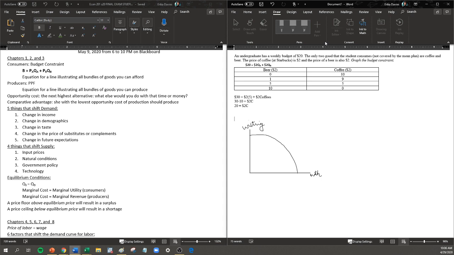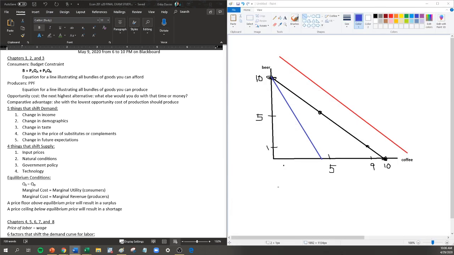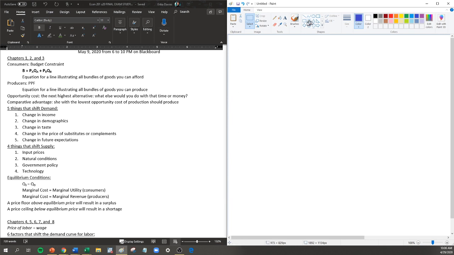Okay, we have 5 things that shift our demand curve. Demand curve is downward sloping. It is one of our MVPs in economics. Let me draw this out. One of our star players, the demand curve.